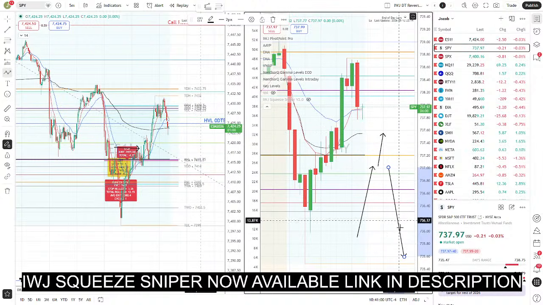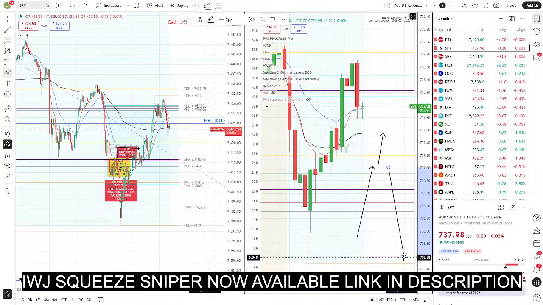I'm looking for three things. Let me clarify that because it's important. I'm looking for the Mag 7 to start to weaken if they're strong, or not be super strong, one or the other.